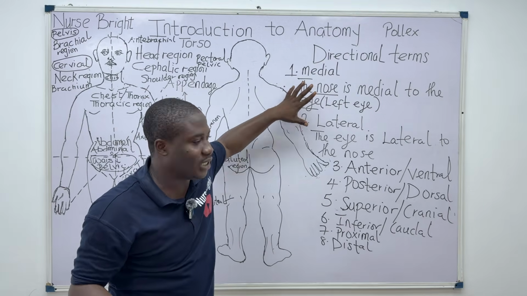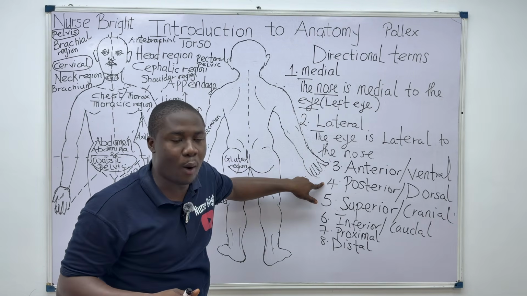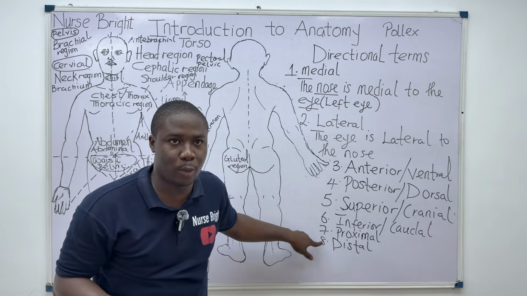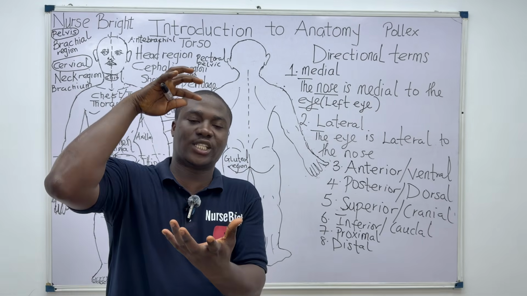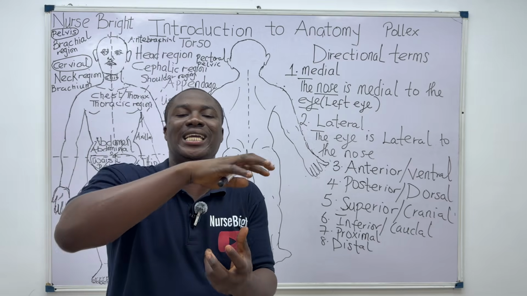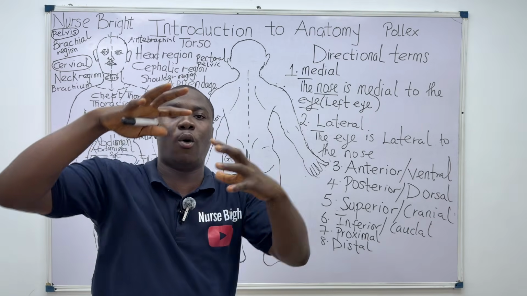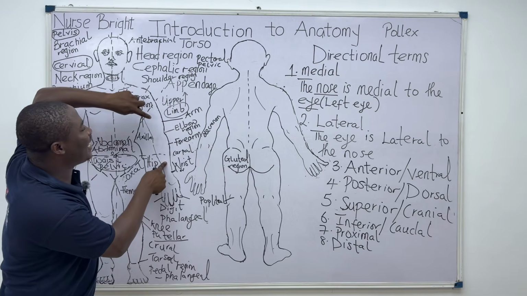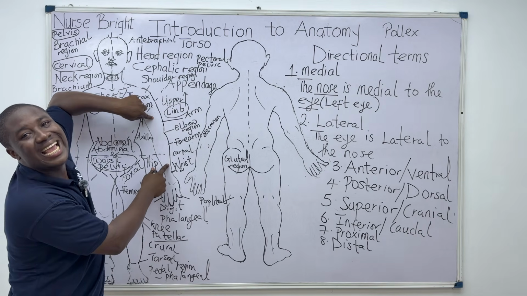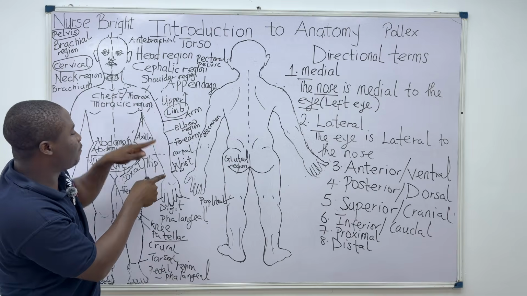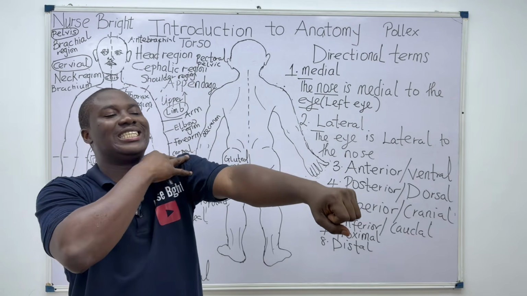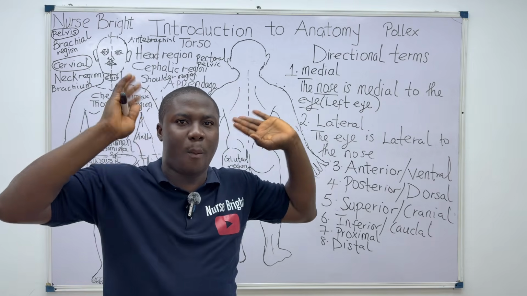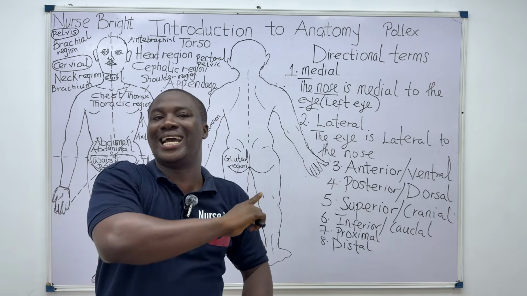Distal: a structure is said to be distal when it is farther away from that point of attachment, which is its trunk. So relating the forearm and the arm, which is more distal in relation to the point of attachment? It is the forearm that is farther away from the point of attachment, which is what? The trunk. Hope all these things are making sense. They are not hard at all.